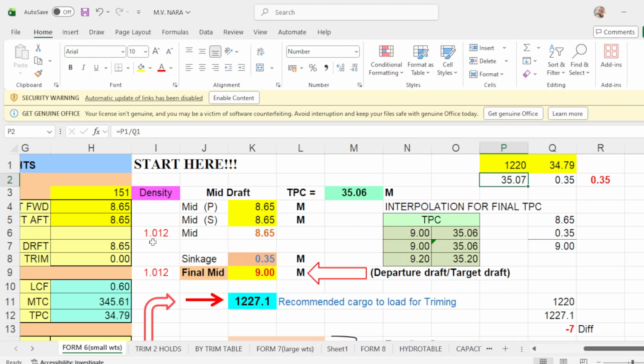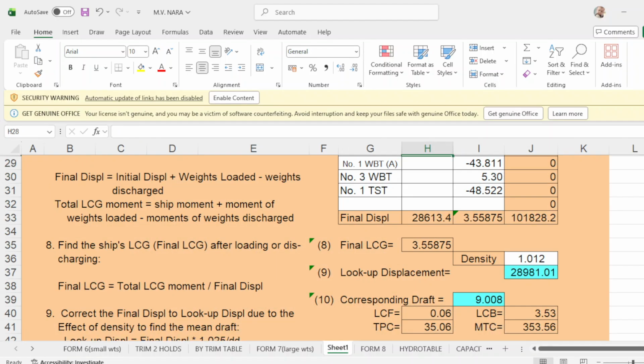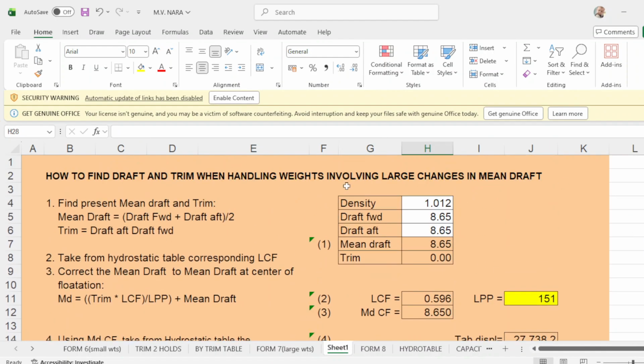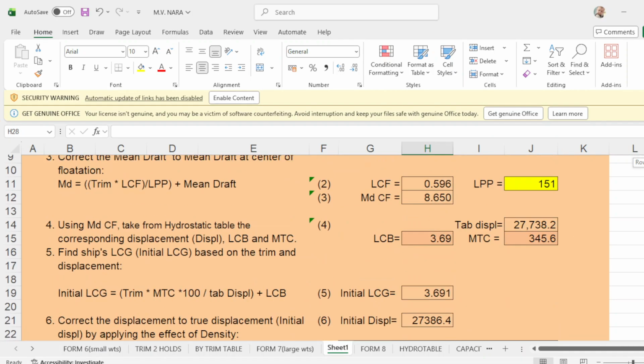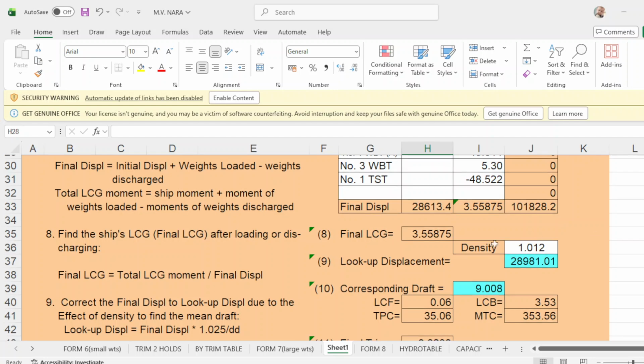The initial density was 1.012 at a draft of 8.65, and completion of loading density is 1.012, and the final departure is 9 meters. So the initial density is 1.012, and the final density would also be 1.012, and the final draft or departure draft is 9 meters, which is here.